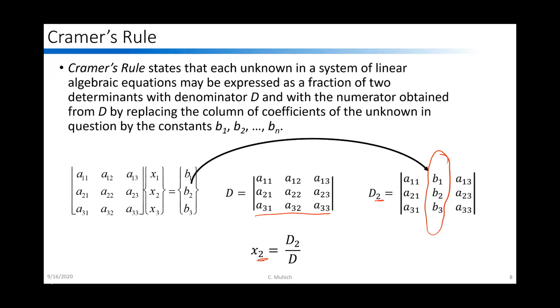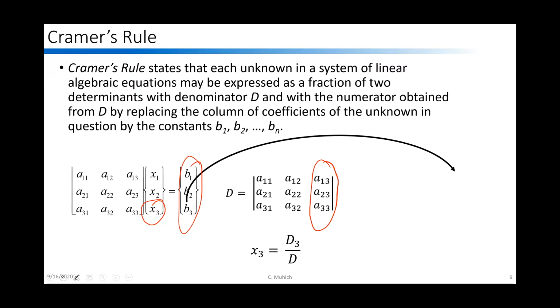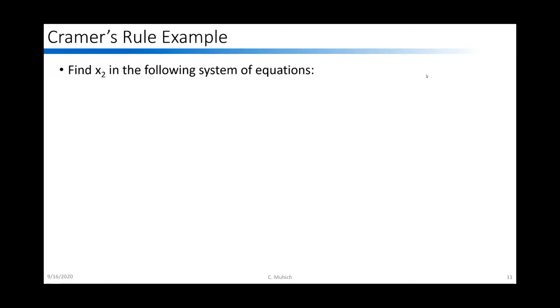And then, not to get overly redundant, we can do this again for finding x3. This time we're going to replace column 3. So these A's are going to be replaced by these b's. We can write out determinant 3, the first column of A's, the second column of A's, and then that column of b's. And that will then give us x3.